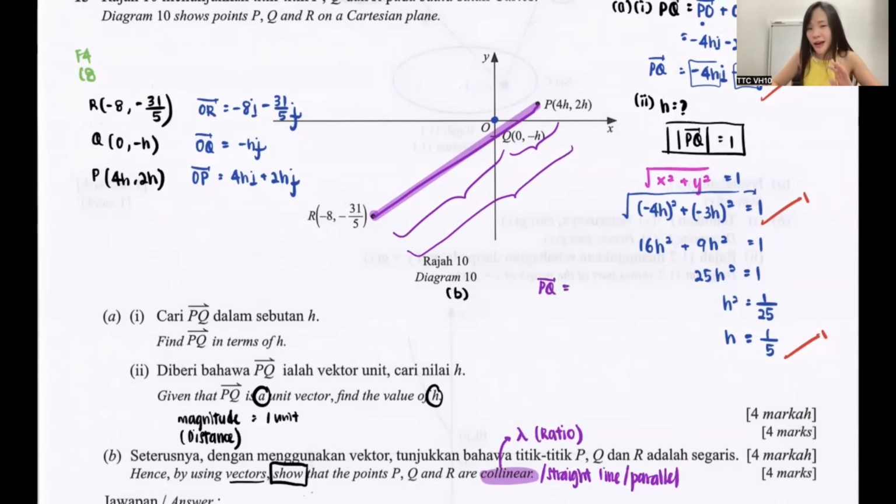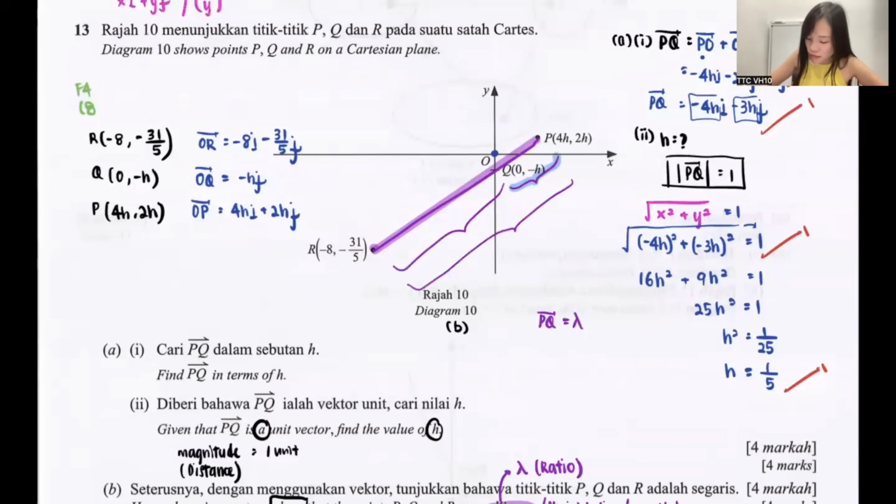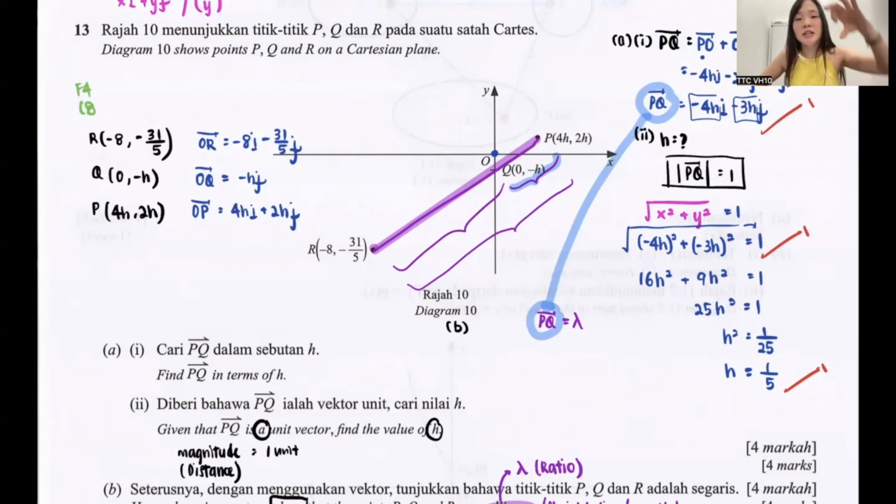Why will I definitely use PQ? Because for the question just now, you already got the answer for PQ. So definitely one of them I'll use PQ. So PQ, guys, is this blue one. So later on, this PQ, I can substitute from the previous answer there. Okay. Then for another one, I can use either one, everything coming down.